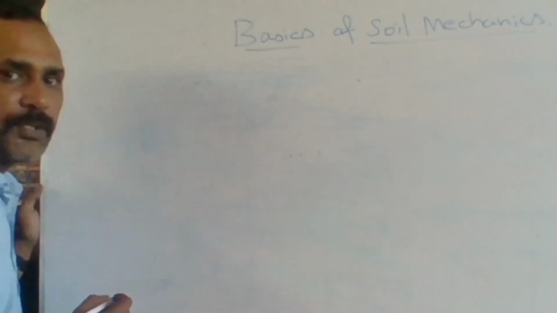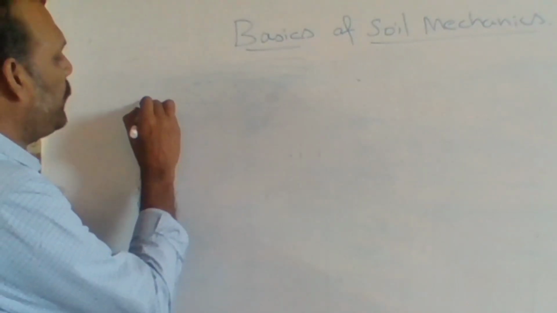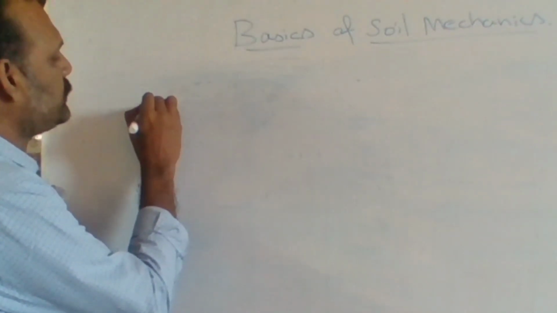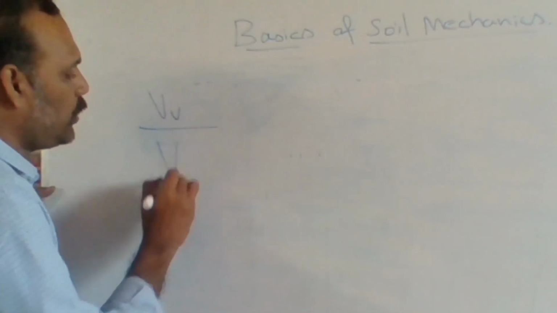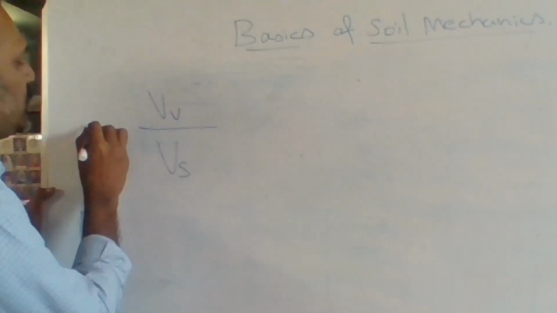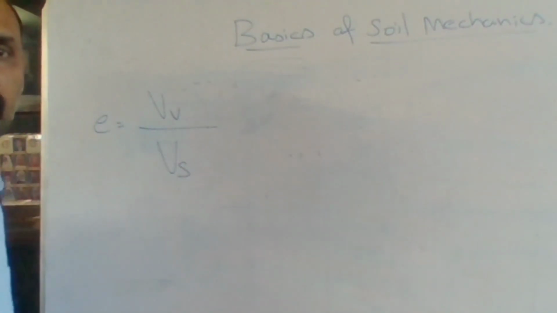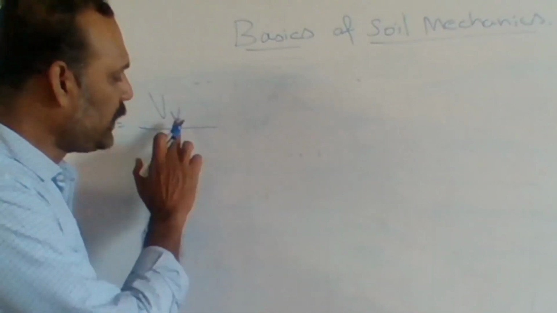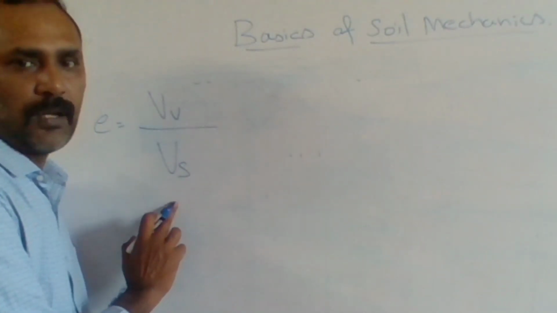Okay, void ratio. The void ratio is nothing but the volume of voids divided by the volume of solids. The void ratio is e equal to VV by VS, where VV is the volume of voids and VS is the volume of solids.